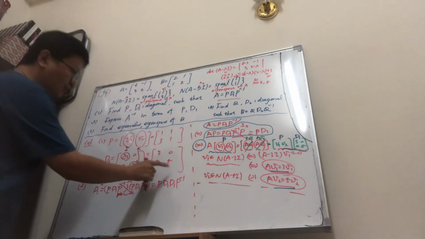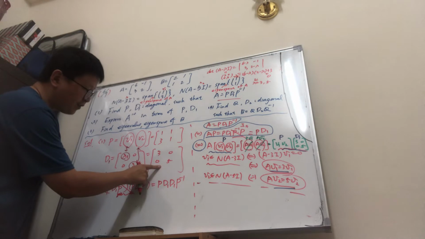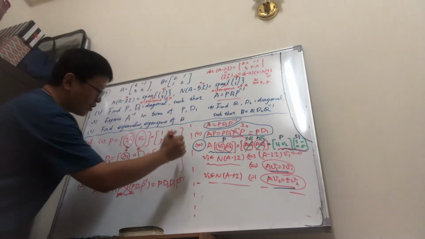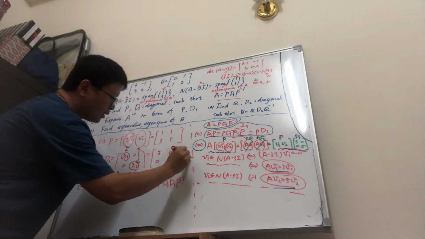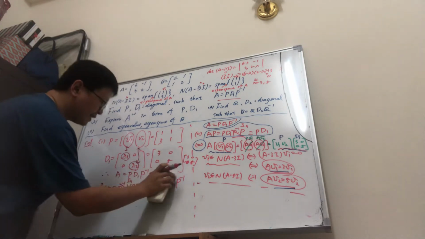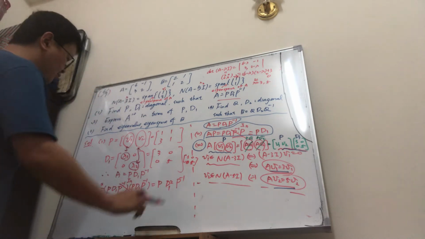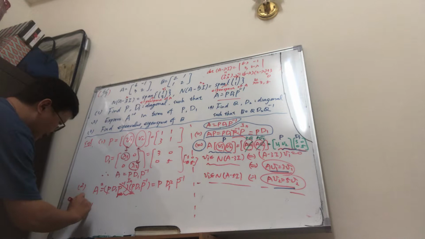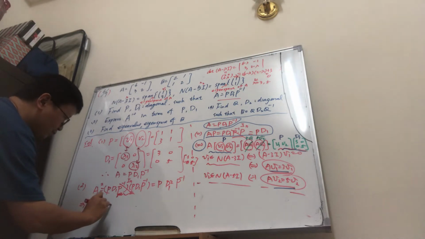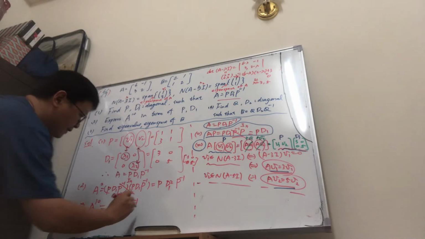But D1 is a diagonal matrix. So when you multiply it by itself, each diagonal entry becomes its square. So actually it's D1 squared. So A to the power of 10 is equal to P D1 to the power of 10 P inverse.